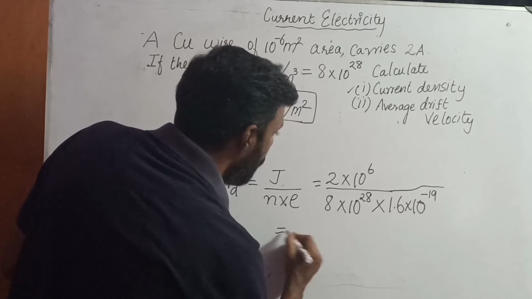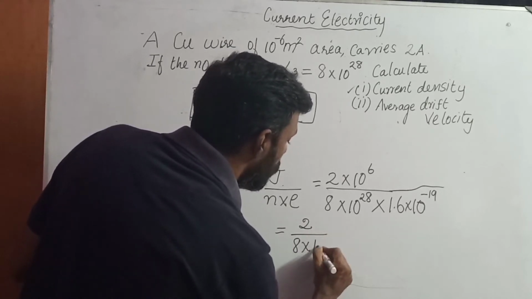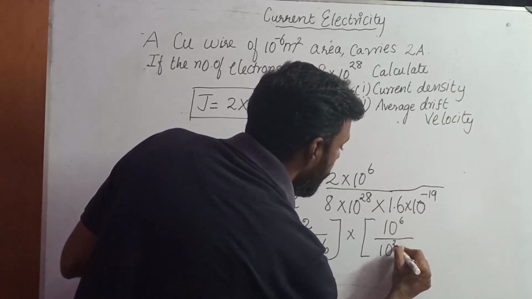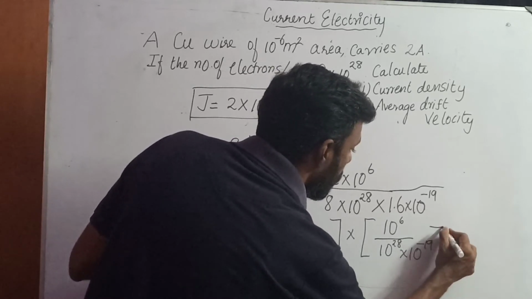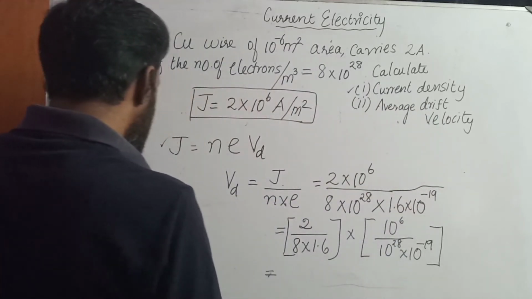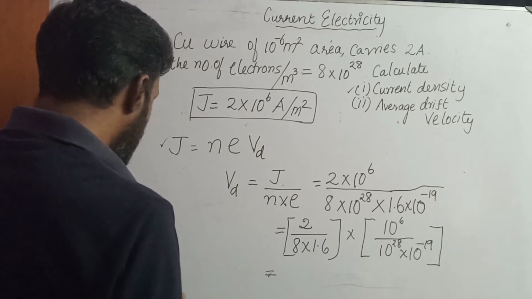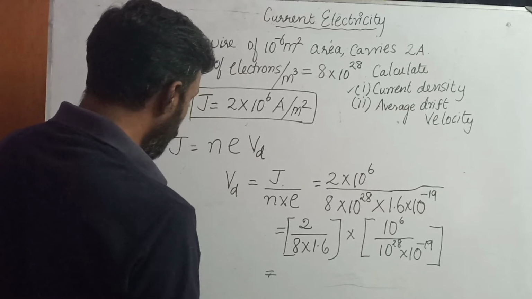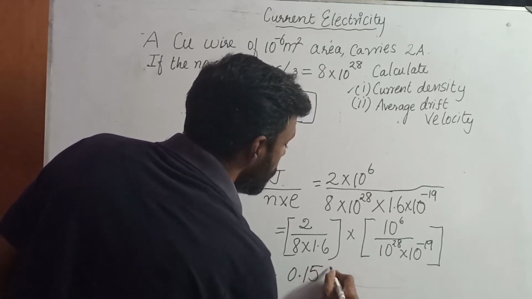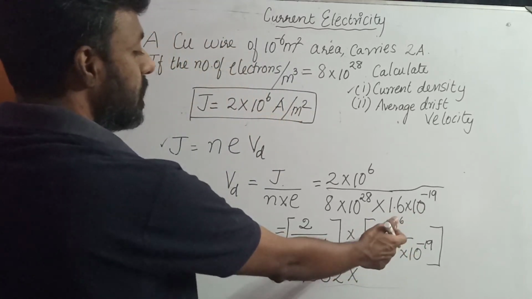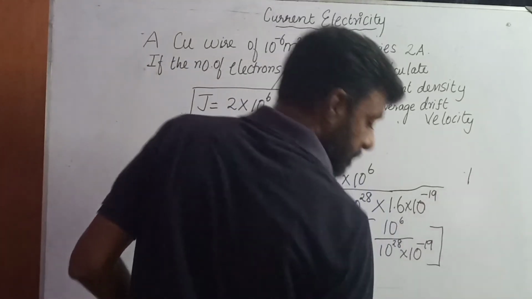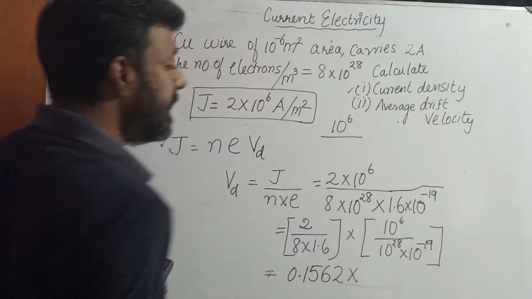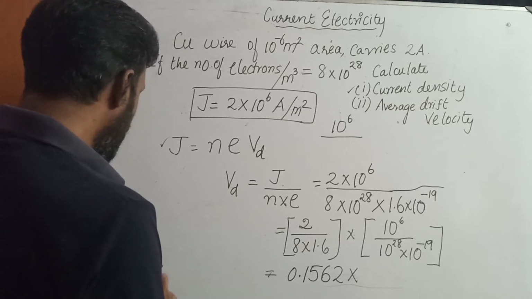Now we need to simplify it. Take 2 divided by 8 into 1.6, into 10 to the power 6 divided by 10 to the power 28 into 10 to the power minus 19. 2 divided by 8 divided by 1.6 is 0.1562. In the powers of ten, 10 to the power 6 is in the numerator, and 10 to the power 28 into 10 to the power minus 19 is 28 minus 19, which is 10 to the power 9.